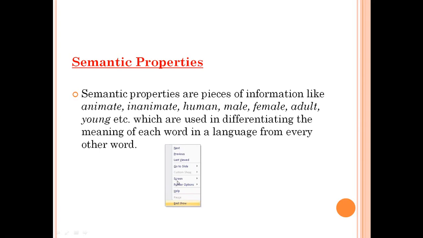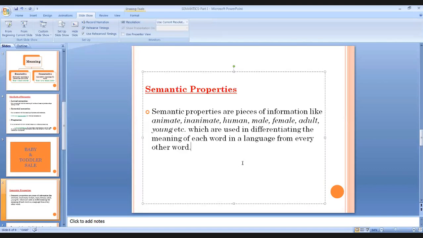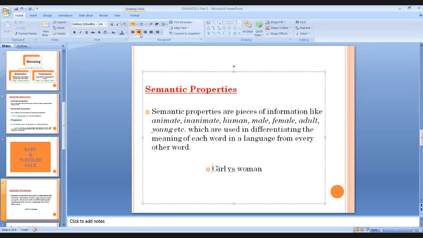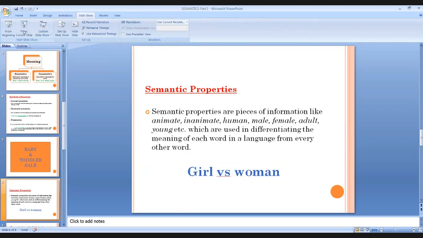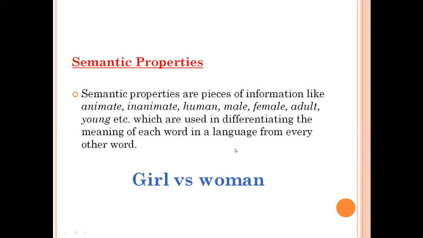For example, girl versus woman. How can we differentiate these two words? গার্ল মানে হচ্ছে একটা টিনেজ, আর ওমেন মানে একটা প্রাপ্তবয়স্ক নারী। অ্যাডাল্ট আর ইয়াং দিয়ে। So girl versus woman.